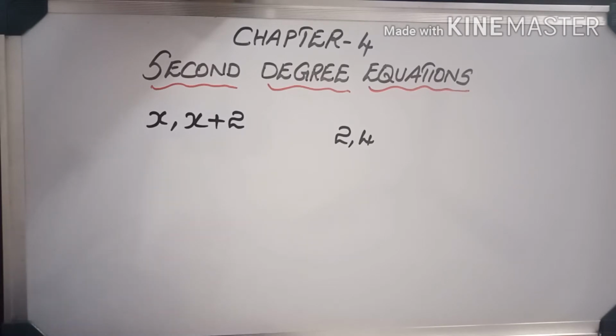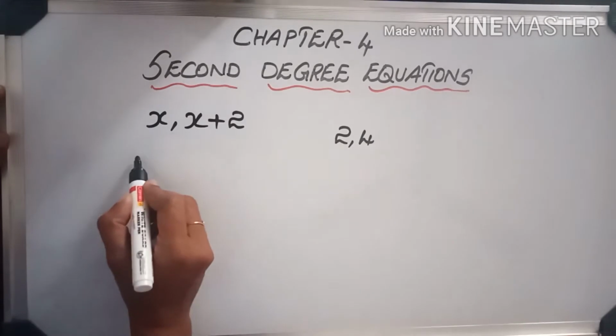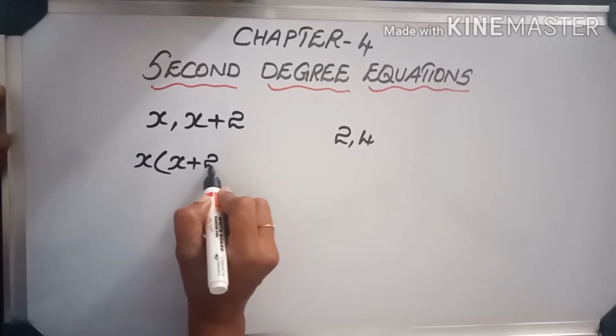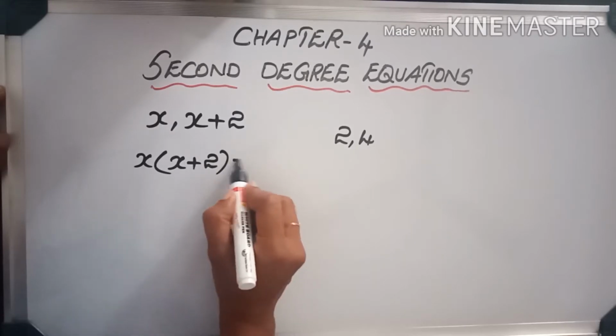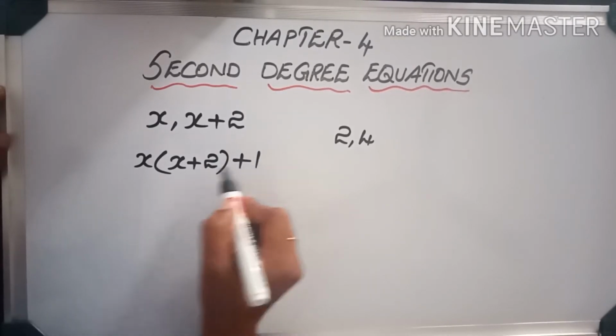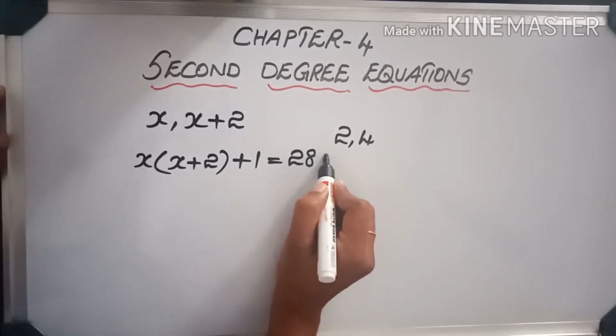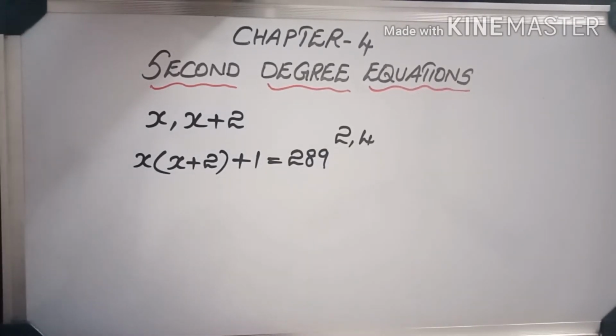Now here it is given that the product of these numbers, and 1 added to that, gives 289. So product means x into x plus 2, and 1 is added, so plus 1 added to the product, answer is what? 289 is the answer.